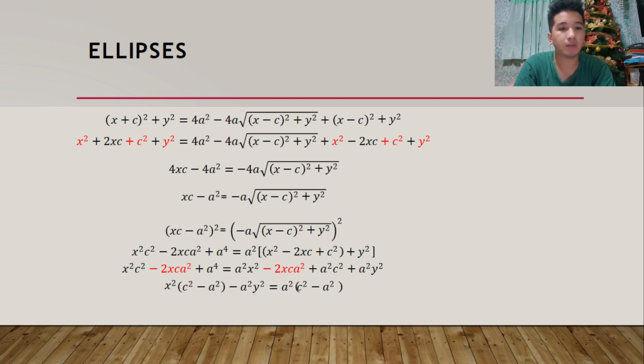xc minus a squared equals negative a times the square root of (x minus c) squared plus y squared.